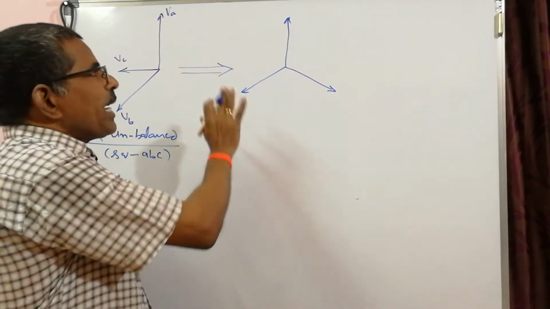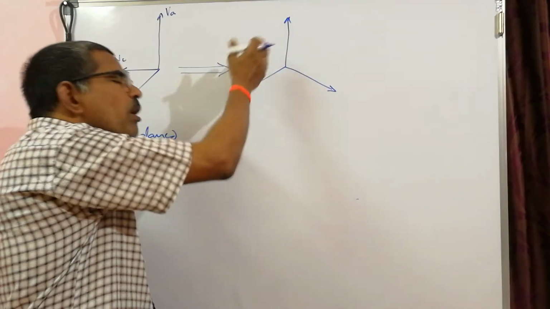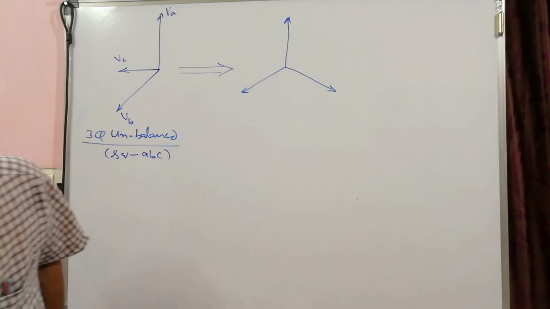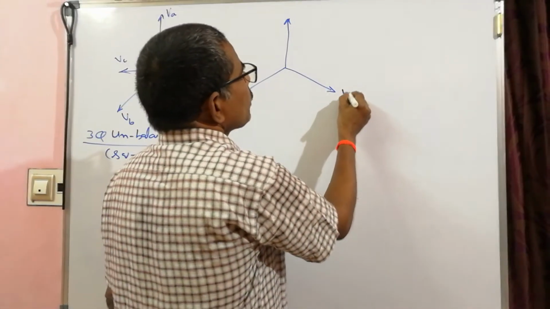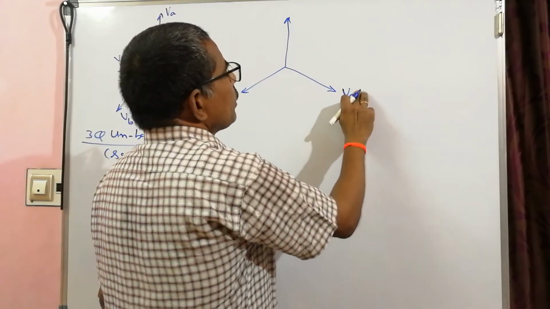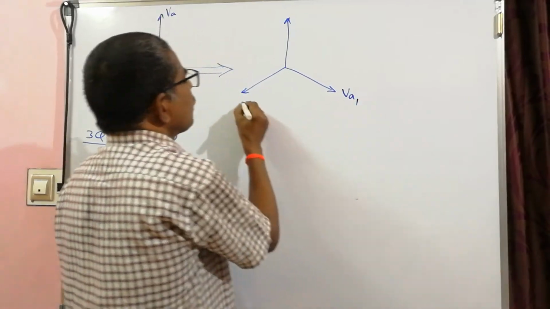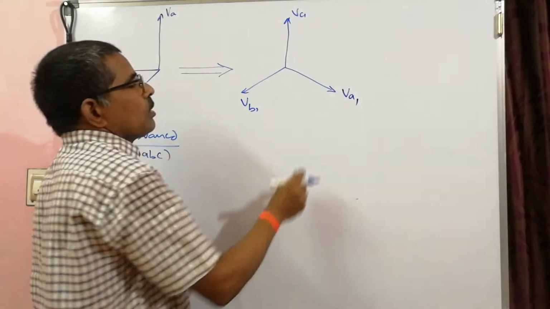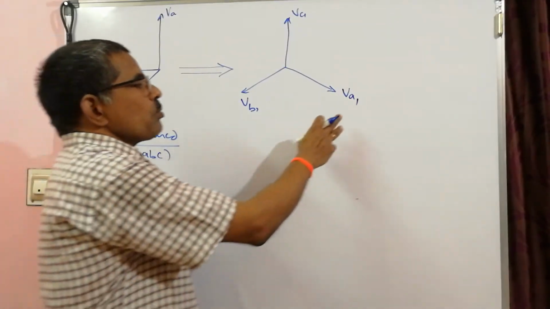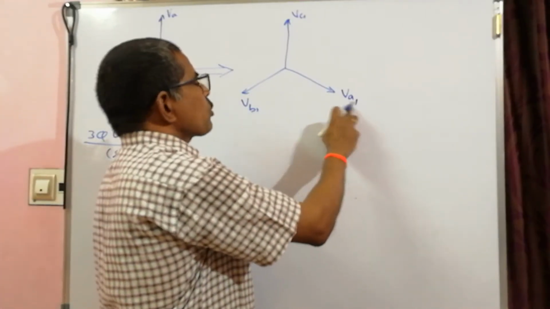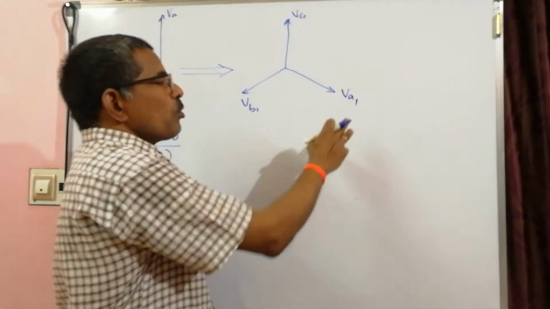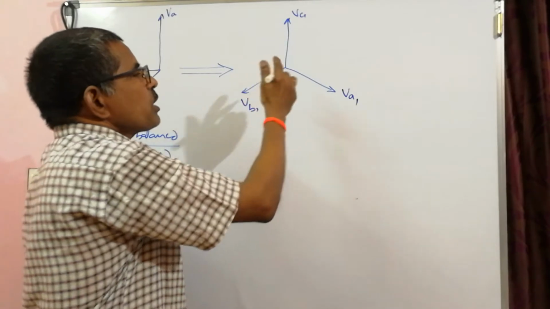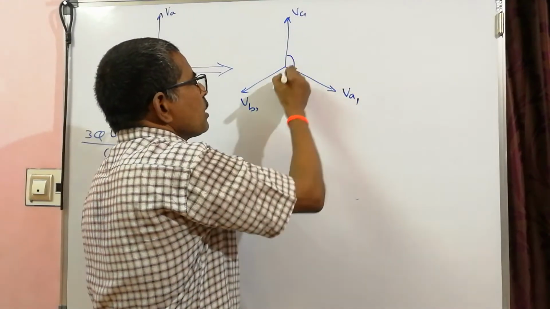Positive sequence set, negative sequence set and zero sequence set, they are balanced phasors. So, they will have identical magnitudes and uniform phase angle. Okay, balanced means that. So, this is VA1, VB1, VC1. As I said, the positive sequence values we refer to with subscript 1. So, VA1, VB1, VC1 are the three positive sequence components.